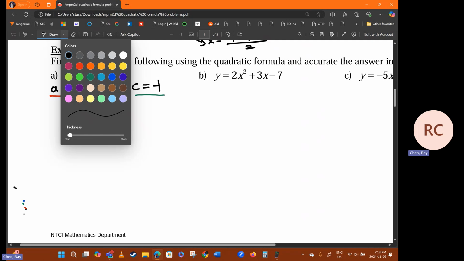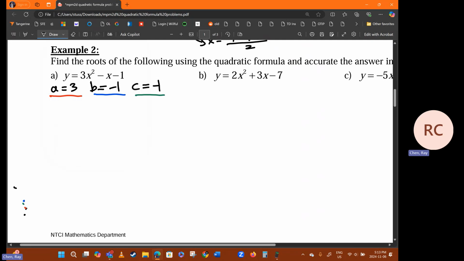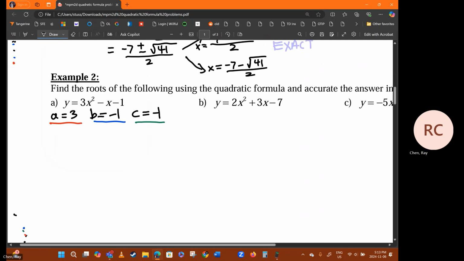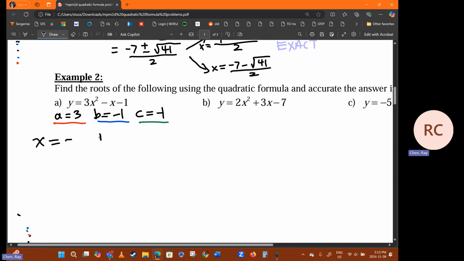So try it yourself. Apologize, I moved up the quadratic formula. And see if you can sub in. But hopefully you're going to get exactly what I'm going to be writing.